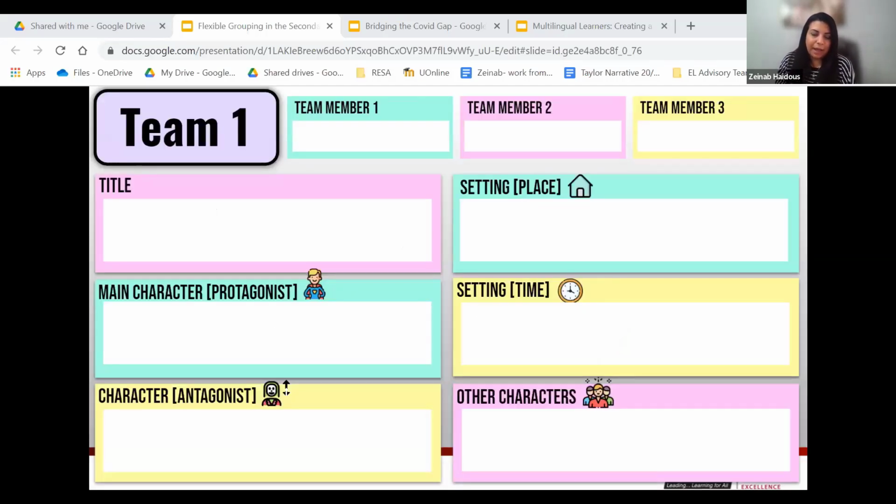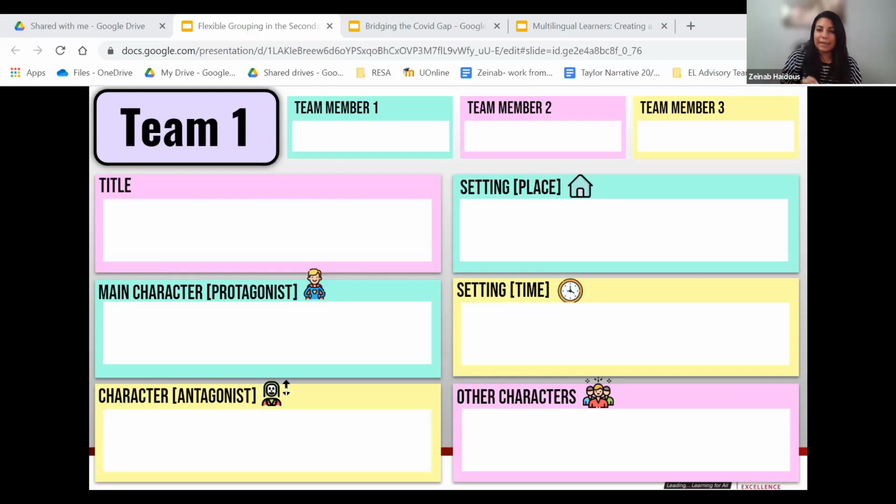This activity that you see on the screen is another one that I really love. And the reason for that is because it really divides the work that is being done in groups, because a lot of times when we put students in groups, one person tends to do all of the work. Well, this ensures that every member of that group is contributing to the learning. And this also provides different scaffolds that you can use.